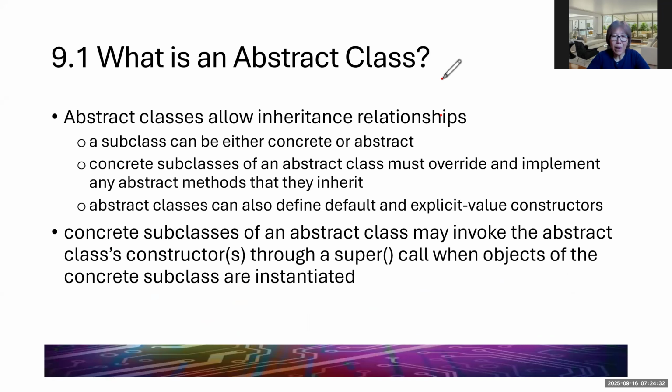If you recall the relationships we have learned so far, we have the has-a relationship, that's the aggregation relationship. We also have the is-a relationship, that's the inheritance relationship. An abstract class is also allowed to have an inheritance relationship.